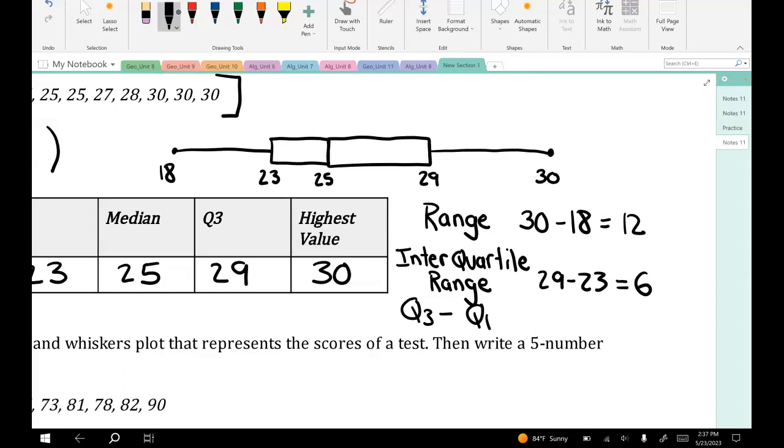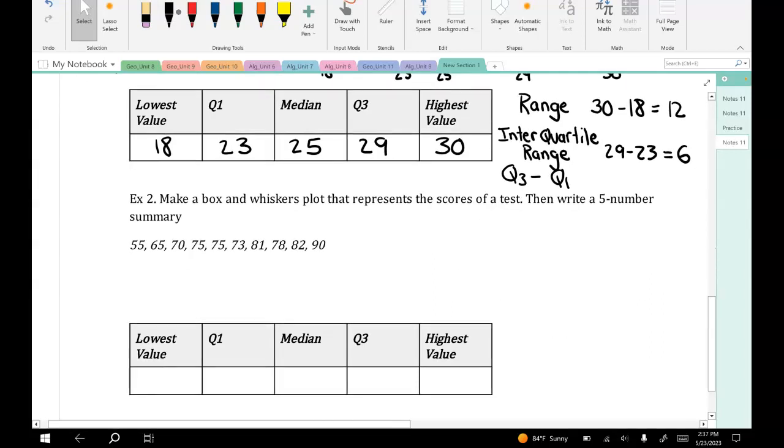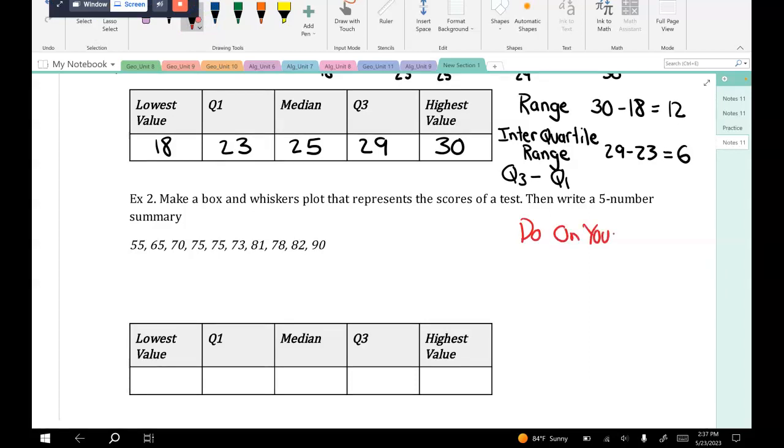The picture doesn't have to be exact, but it should be labeled with numbers. If you don't do it, I'm going to tell you to redo it. So do number 2 on your own. I'm going to even write down instructions. Do on your own.